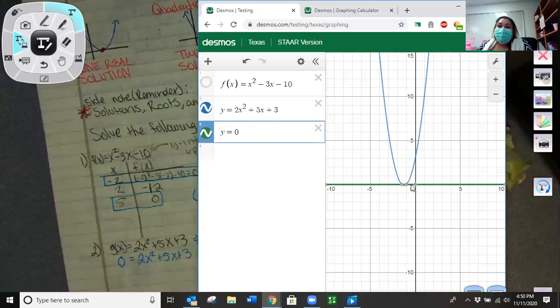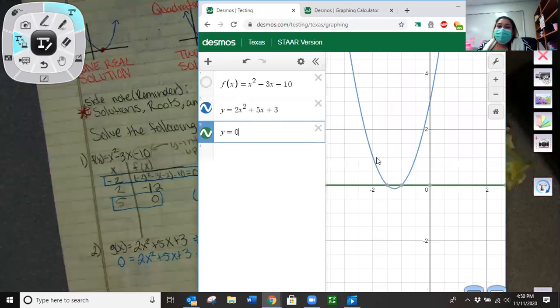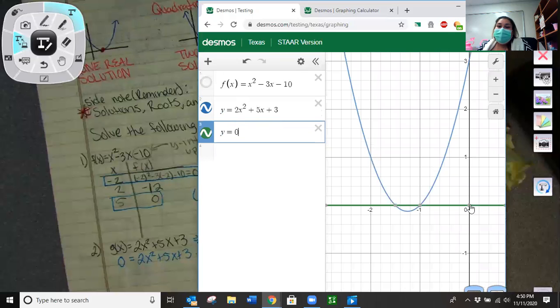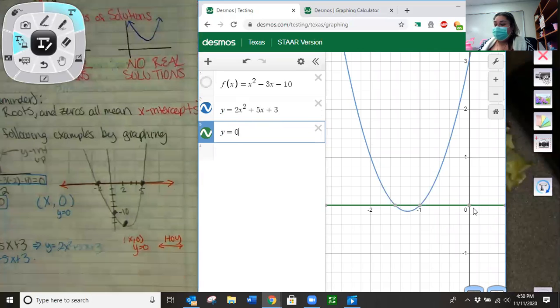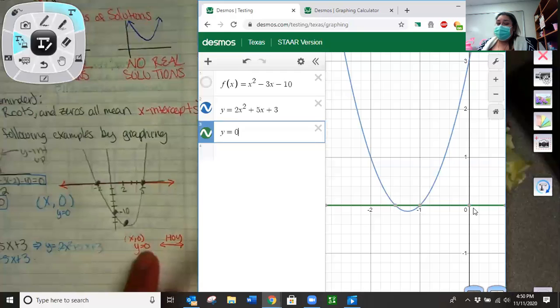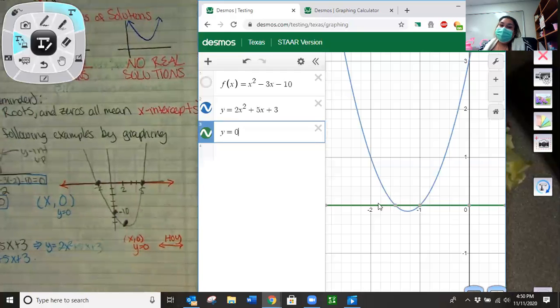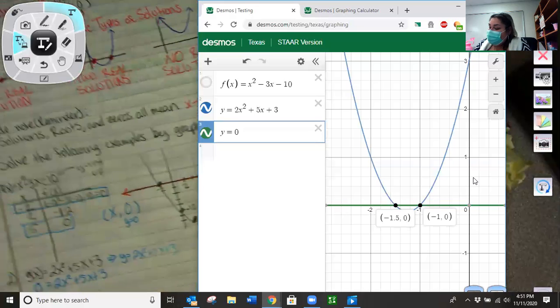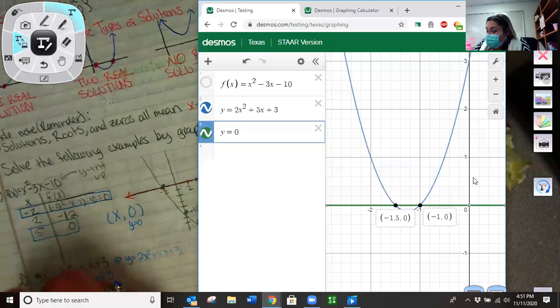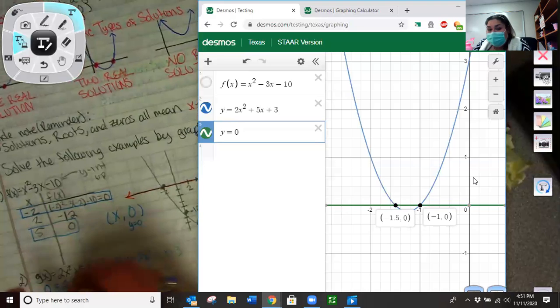So then now you have an intersection between your x-intercepts and the x-axis, because this x-axis is a horizontal line, and we know that horizontal lines are always going to be y equals a number, which we want to be 0 because that's our x-axis. So what are my solutions? -1.5 and -1. So our solutions, our zeros, are at -1.5 and -1. And we talked in class about how to write this down properly, right?